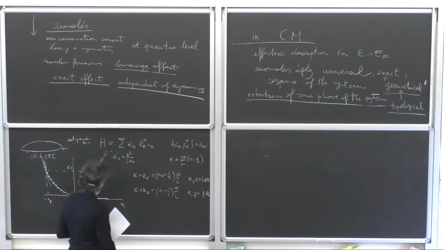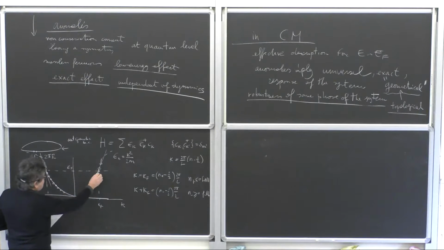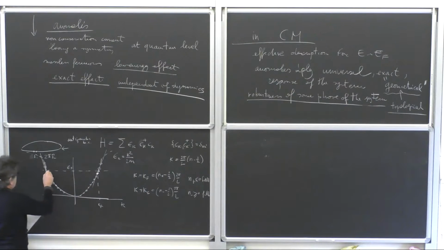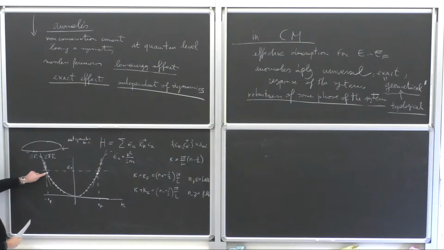So my index is redefined to count 0 here and here. There are no states on the line. The Fermi surface is between an empty and a filled state.